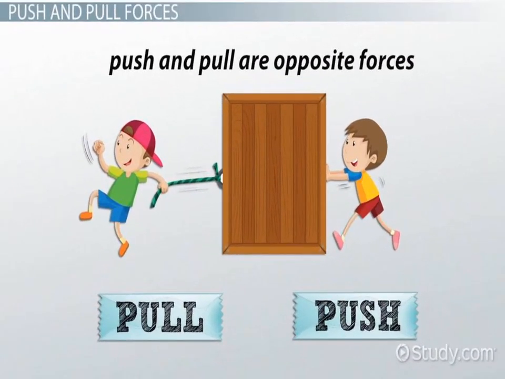Now, to move an object, which is easier, push or pull? Push and pull are opposite forces. When a body is pushed at an angle theta, the applied force can be resolved into two components: F sin theta, parallel to the surface, and F cos theta, perpendicular to the surface.